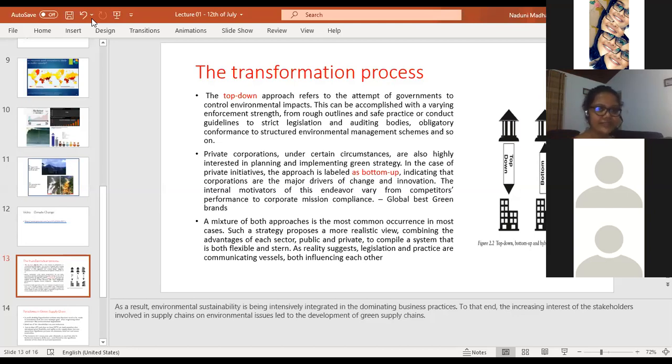Anybody? In 2025, they are planning to generate more renewable energy than the current consumption.